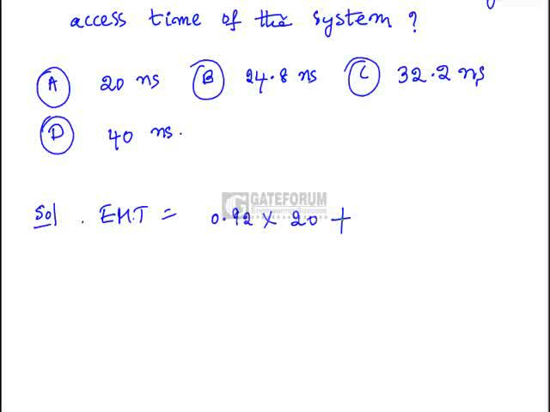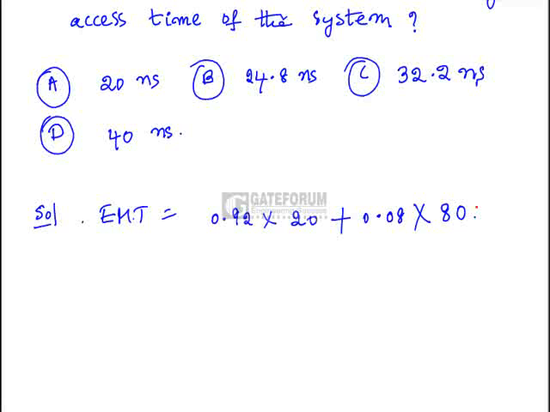So for the remaining 0.08, we have to go for main memory. We have to search in the cache first, and if it is not found, we have to go for main memory. So the total will be 60 plus 20, 80 nanoseconds. So 8% of the time it is 80 nanoseconds and 92% of the time it is 20 nanoseconds.